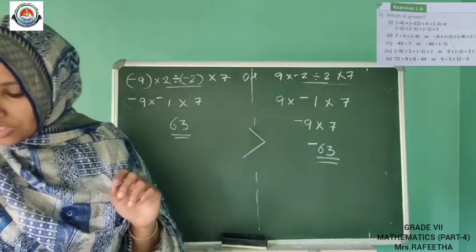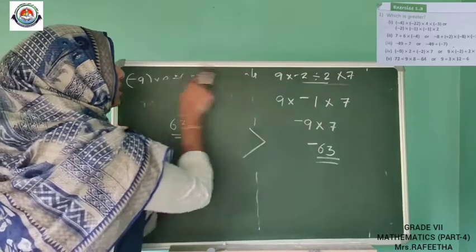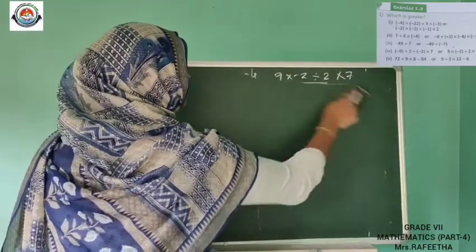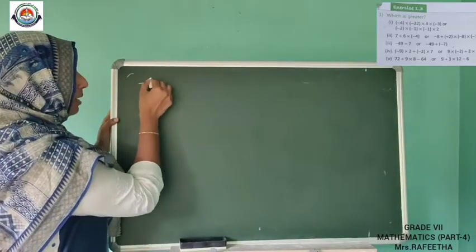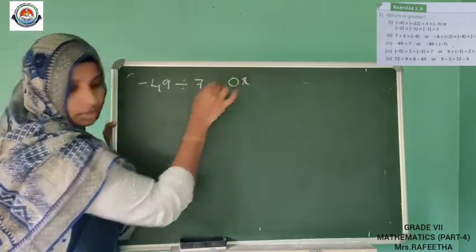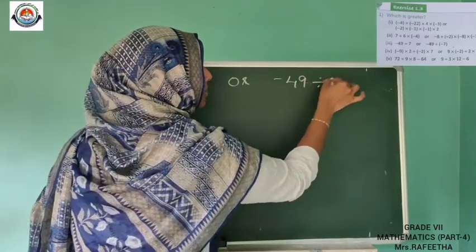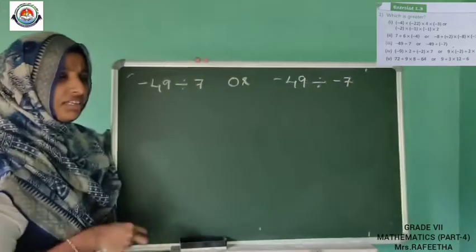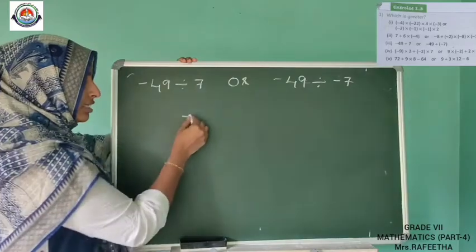Okay. So next question. Similar question, one more question I am doing. Minus 49 divided by 7 or minus 49 divided by minus 7. Easy question it is. Because we know that 49 divided by 7 is 7.